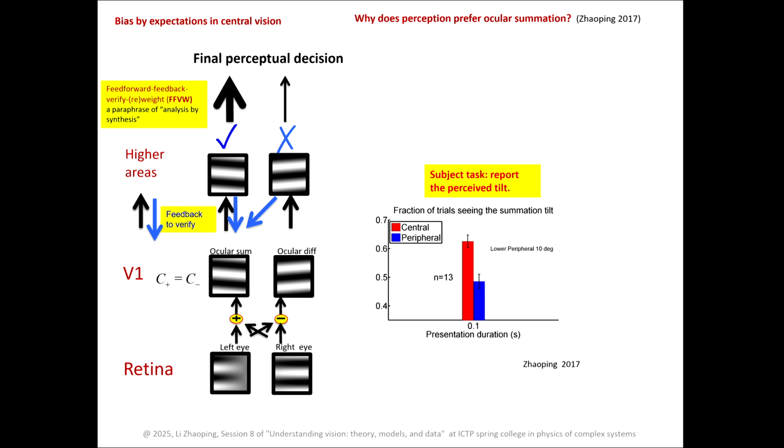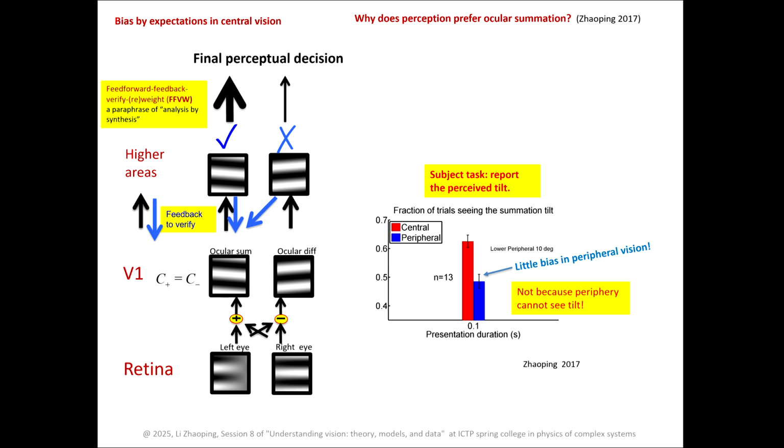Interestingly, when the same behavior task is done in peripheral vision, data illustrate no bias for the summation channel. You may ask whether this is because observers cannot see clearly in peripheral vision, so they just report randomly for the task.